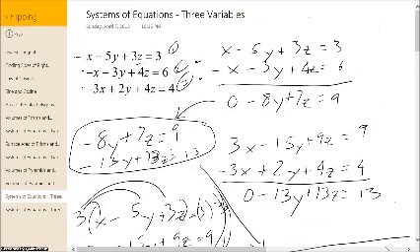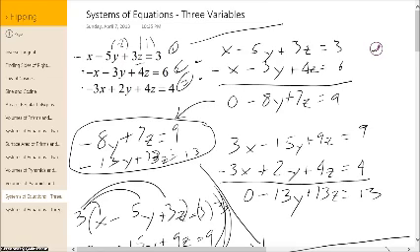Let's go back into this very first equation. We can plug it in here. If we've got y is negative 2, we're going to plug in negative 2 there. We're going to plug in negative 1 here. So, I'm running out of space. Let me go over here. Okay, I'm going to have x plus 10, because I'm distributing this. That's 10. 3 times negative 1 minus 3 equals 3.